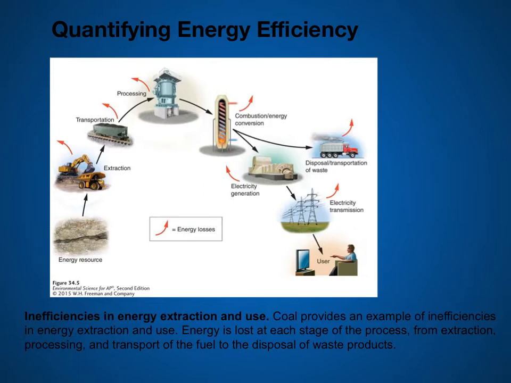In other words, about 2/3 of the energy that enters a coal-burning power plant ends up as waste heat or other undesirable outputs. And if we include the energy used to extract the coal, as well as the energy used to build the coal extraction machinery, construct the power plant, and remove or dispose of the waste and materials from the power plant, the efficiency would be even lower. And we'll discuss that in more detail as well.